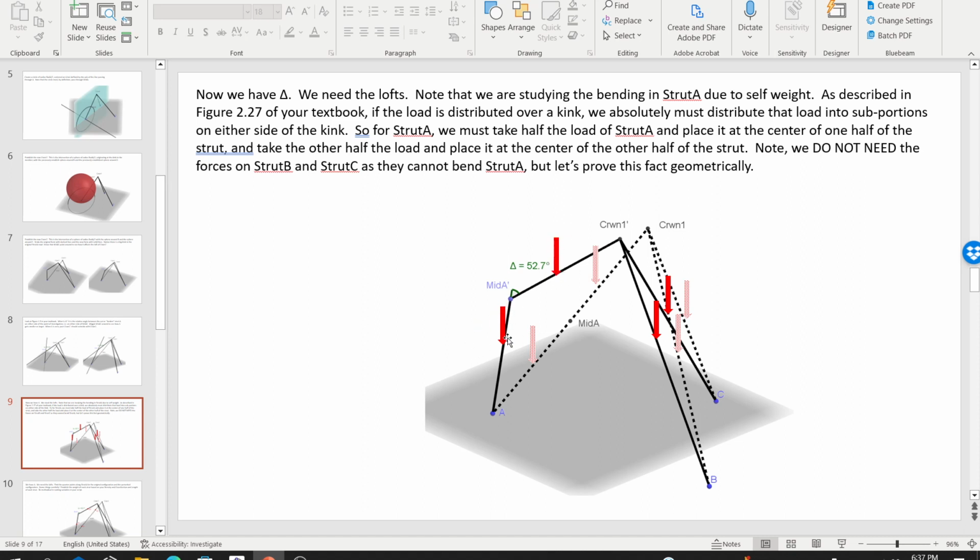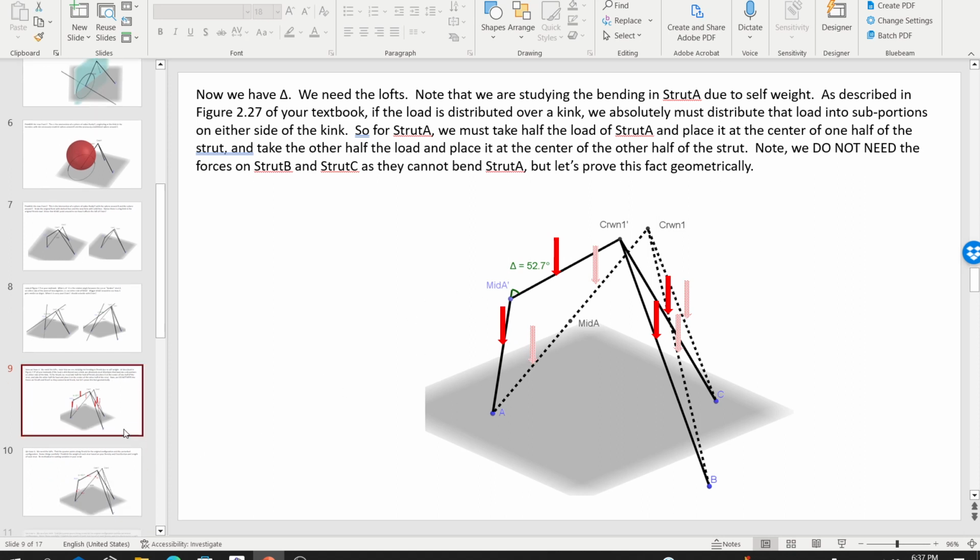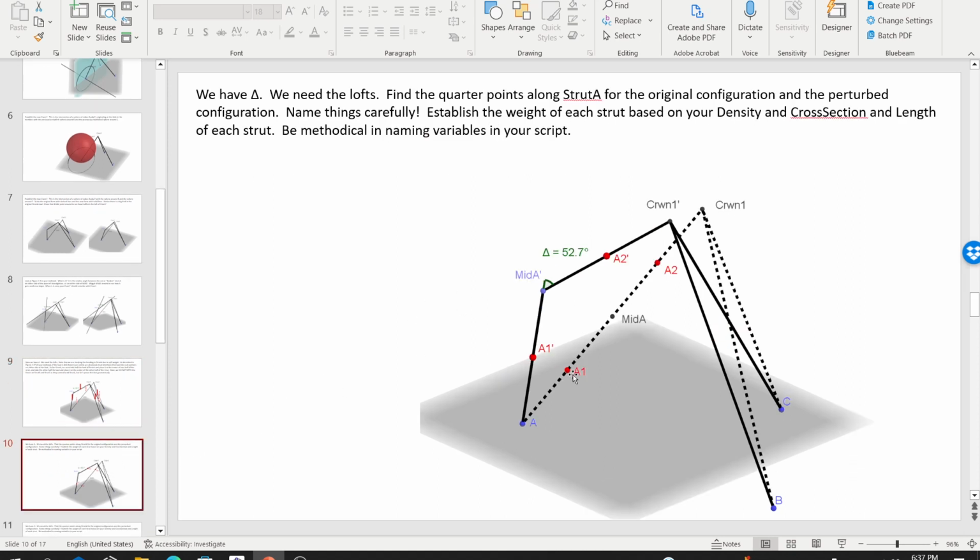And then I took half of the load of strut A and put it on the other quarter point, or half of the half. And now all I'm doing is tracking the vertical movement of those two loads. So from A1 to A1 prime, I'm just capturing the difference in Z values. From A2 to A2 prime, I'm just capturing the difference in Z values.